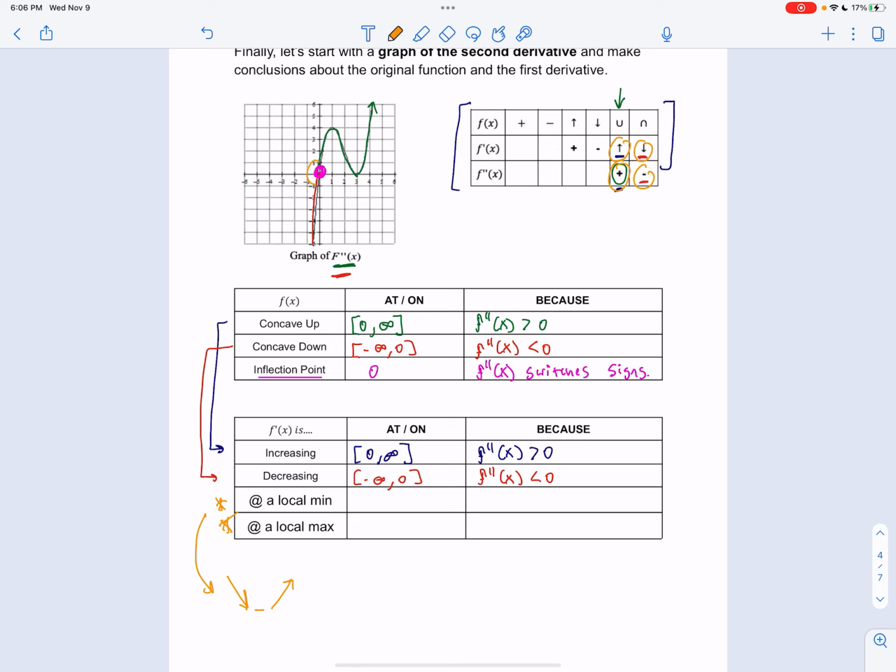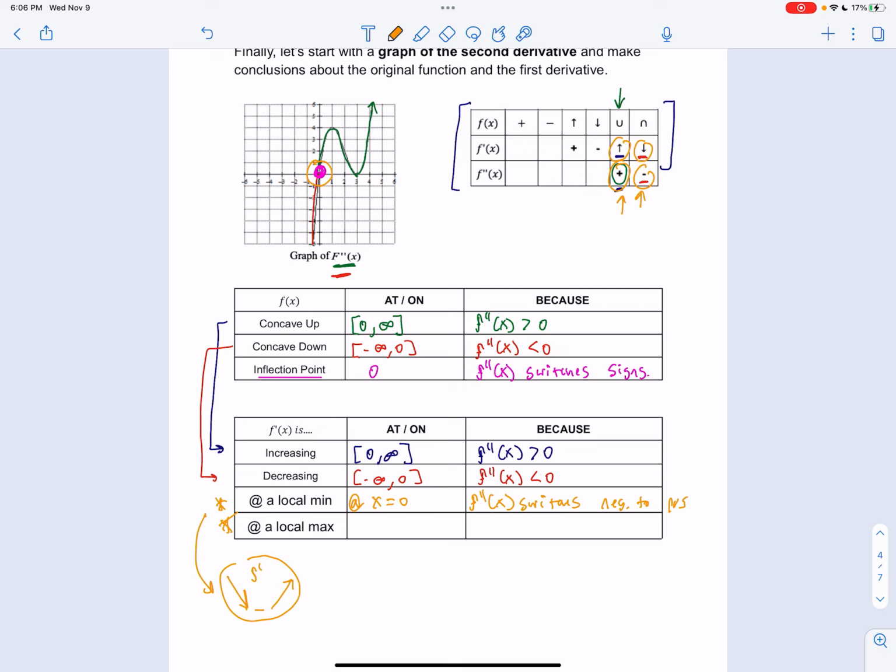And that does happen here. That is what happens at this inflection point. So this is at x equals 0, and the reason is the second derivative switches from negative to positive. And if the second derivative switches from negative to positive, the first derivative switches from decreasing to increasing, that is the definition of a local minimum.